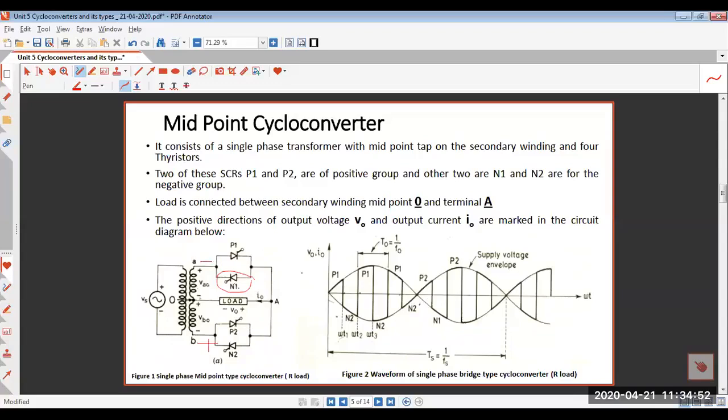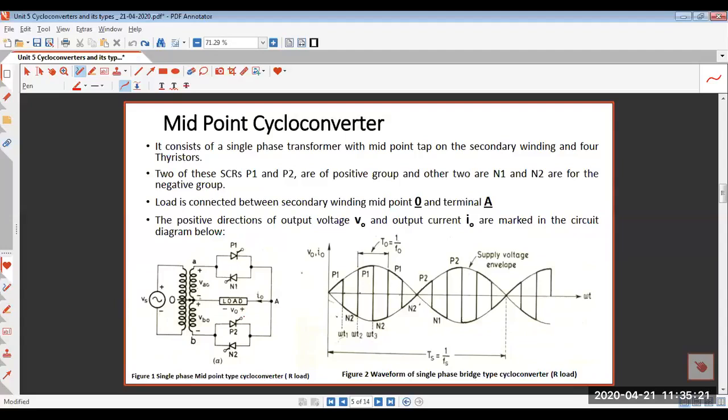So N1 will be forward biased and P2 is also forward biased. You can write down somewhere: for positive half cycle, P1 and N2 will conduct, and for negative half cycle, N1 and P2 will conduct, because for negative half cycle these two are forward biased, right?